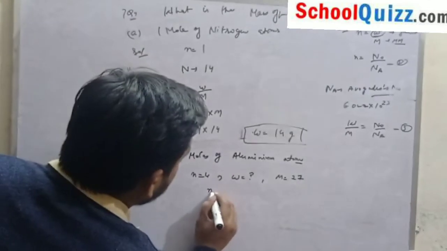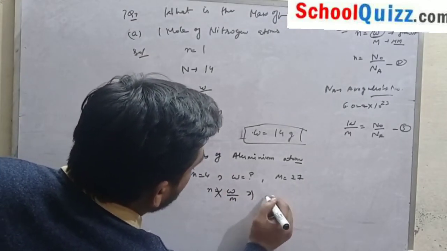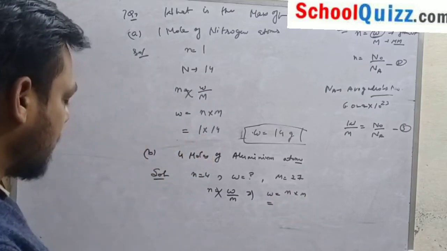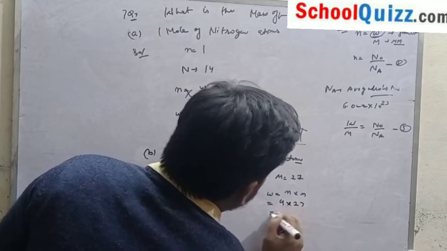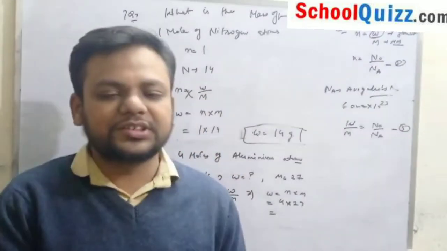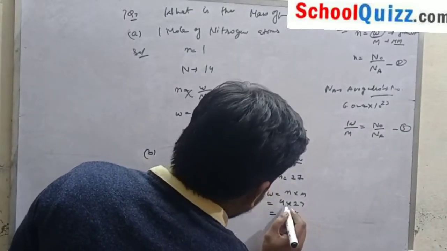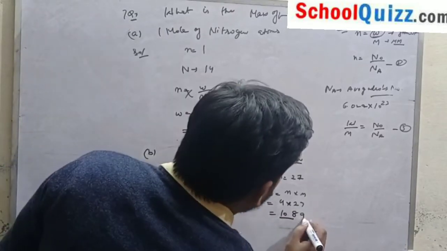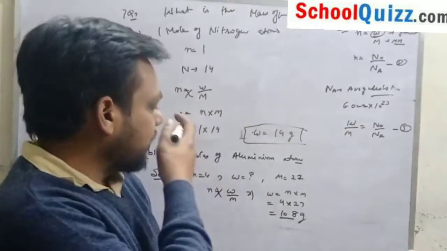So we apply n equal to w upon m, crisscross it and we get w equal to n into m. n is 4 and m is 27. Just multiply: 7 4s are 28, 2 carry, 4 2s are 8 or 2, 10. That is 108 gram. Similar to the first part.